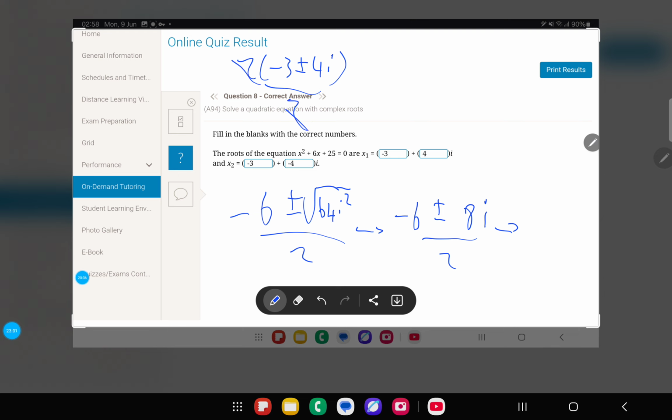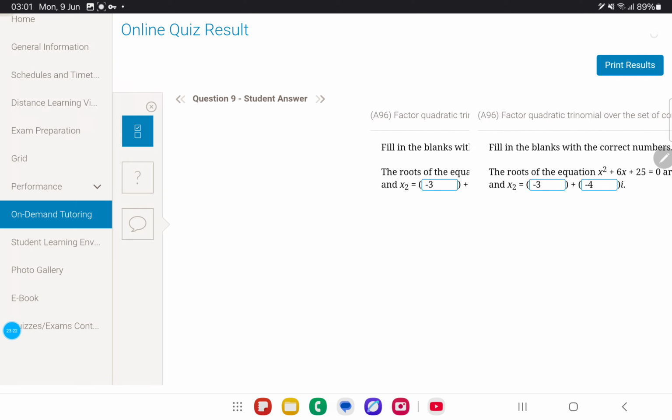Divide by 2, so you end up with negative 3 plus minus 4i. Plus minus basically means plus and minus, 2 cases, so it's 2 roots: negative 3 plus 4i, and negative 3 minus 4i. And that's exactly what we got. That's it.